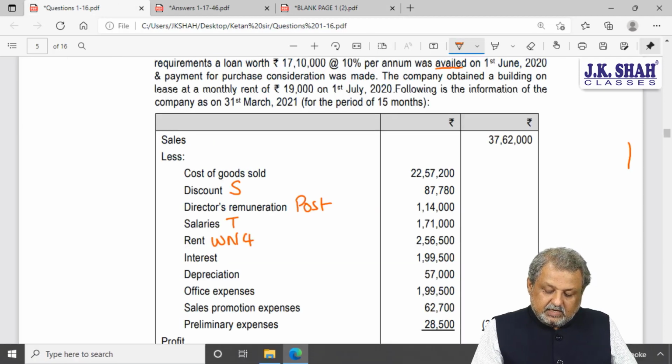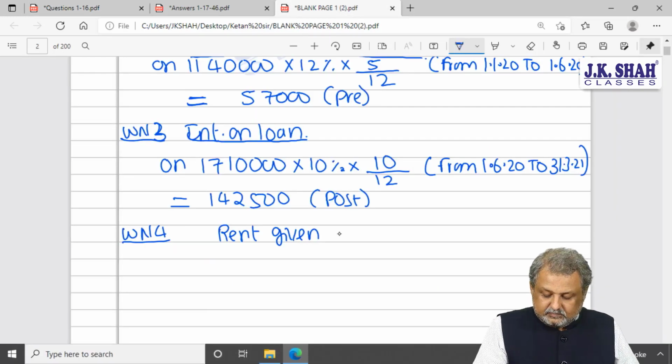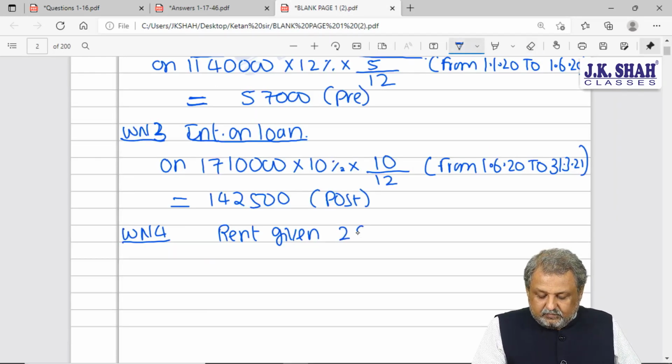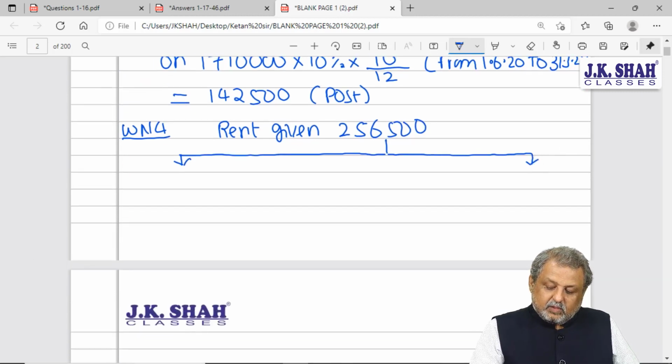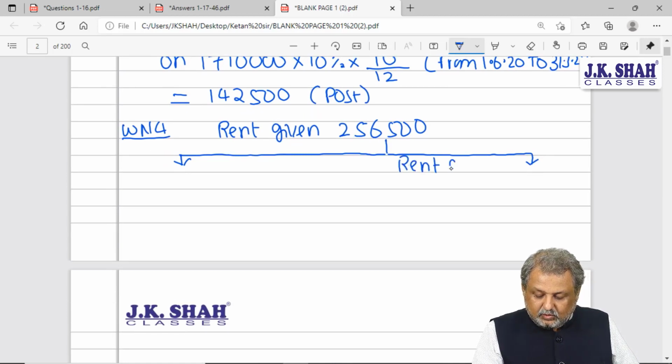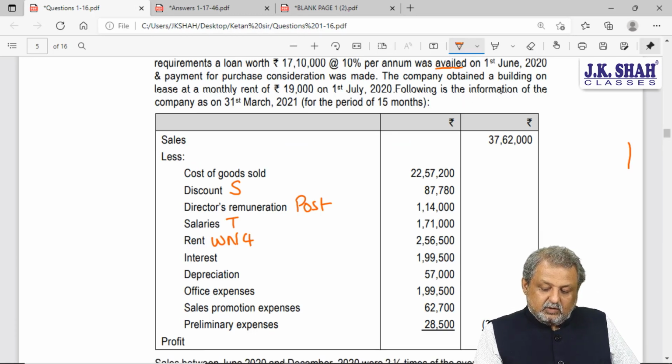How much is the rent amount given? 2,56,500. So rent on, what do they say? Building obtained at a monthly rent of 19,000 on 1st July.